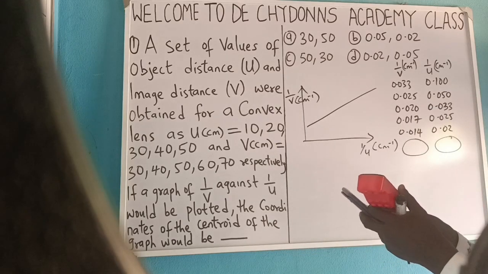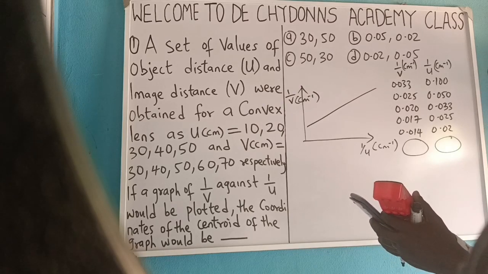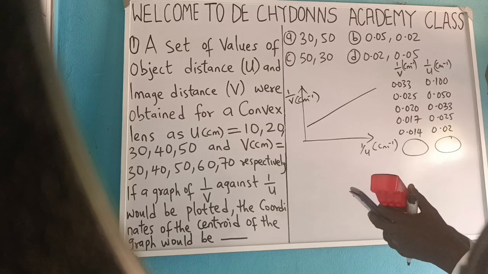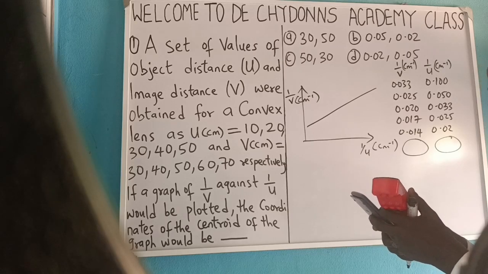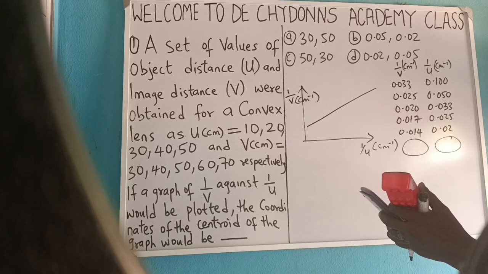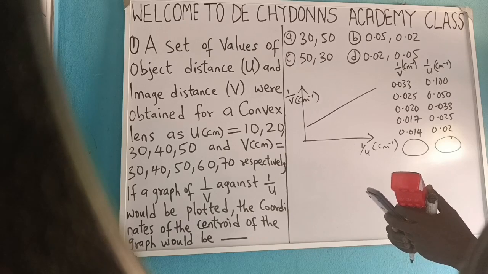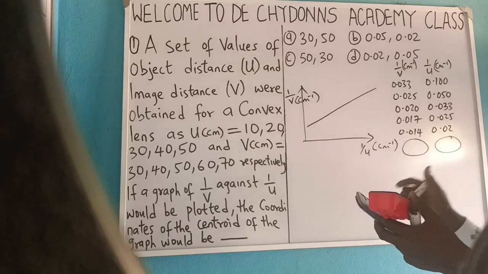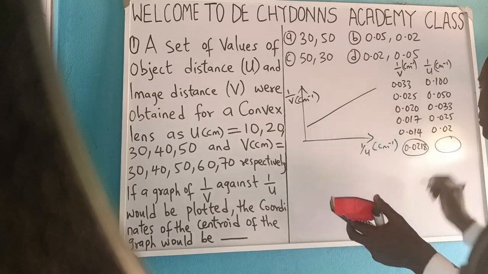0.033 plus 0.025 plus 0.020 plus 0.017 plus 0.014, divided by 5, will give me 0.0218.